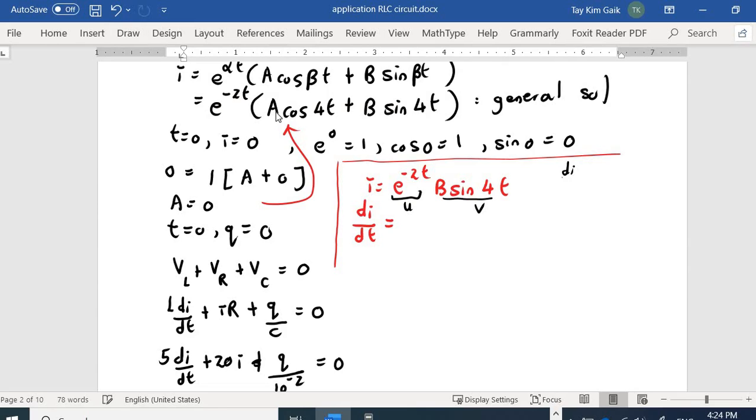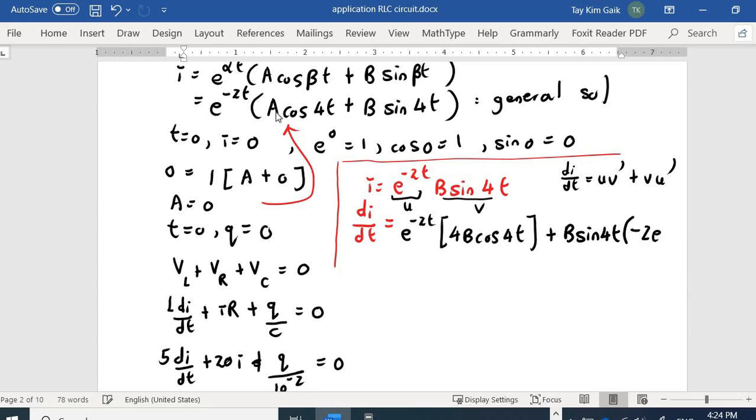So your dI/dt is U V prime plus V U prime. U is e to the negative 2t, and V differentiates to 4B cos 4t, plus V, which is B sin 4t, and U differentiates to negative 2 e to the negative 2t.